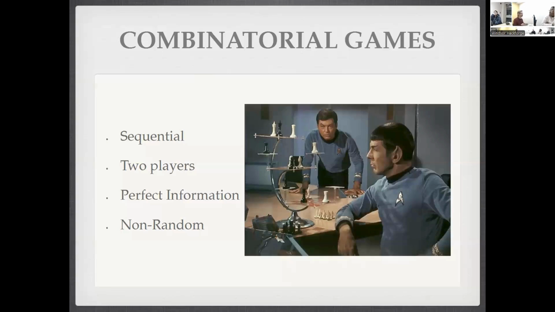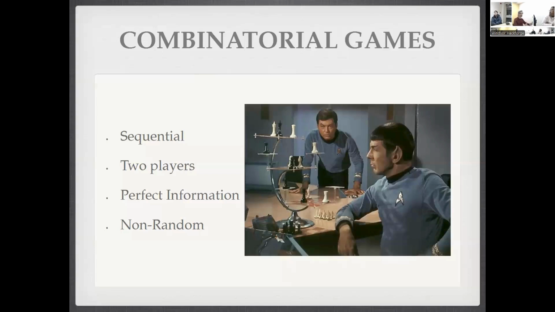There are no hidden cards. There's no hidden moves, nothing like that. Everything is out in the open. And finally, there is nothing random about a combinatorial game. There's no dice. There's no shuffling of cards, no other sources of randomness. So all those criteria matter because what you're left with when you have a game that meets those criteria is a game that allows for a purely mathematical analysis.